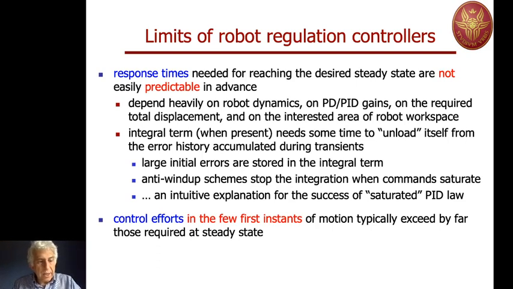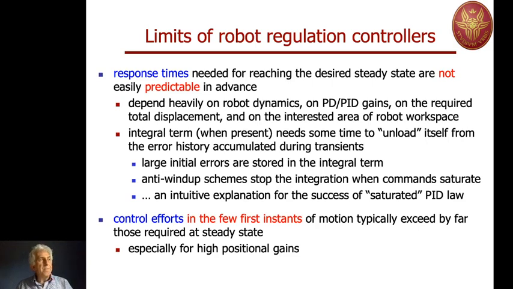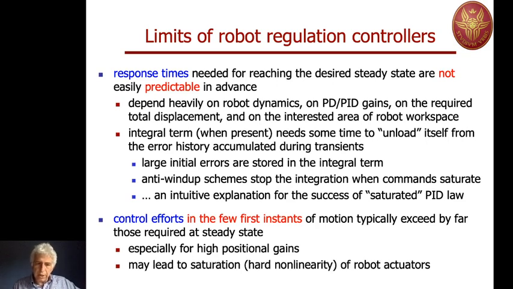So in the hope that this will reduce the transient time, we choose larger gains, at least proportional terms. So in the first few instants we have large gains and large error, and will typically exceed the capability of the actuators, and certainly the torque needed at steady state. And we have seen this already in the simulation for the pendulum. So especially when positional gains are chosen high.